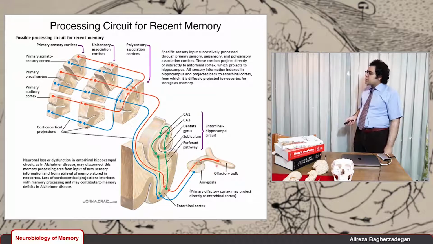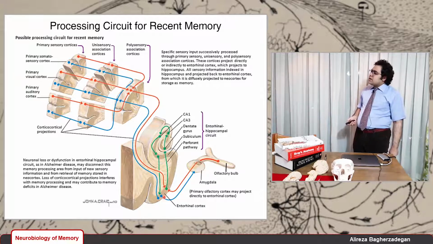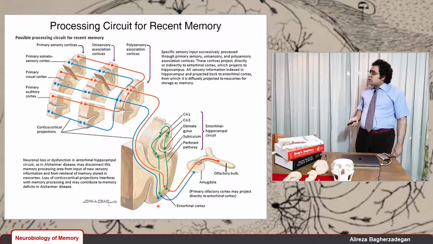So here we have the olfactory bulb and the amygdala, and they project to the entorhinal cortex, and then the entorhinal cortex connects to the hippocampal circuitry here, and the hippocampus sends its outputs toward the entorhinal cortex. And from the entorhinal cortex, we have some projections to cortical areas like the primary visual cortex, primary auditory cortex, or somatosensory cortex.